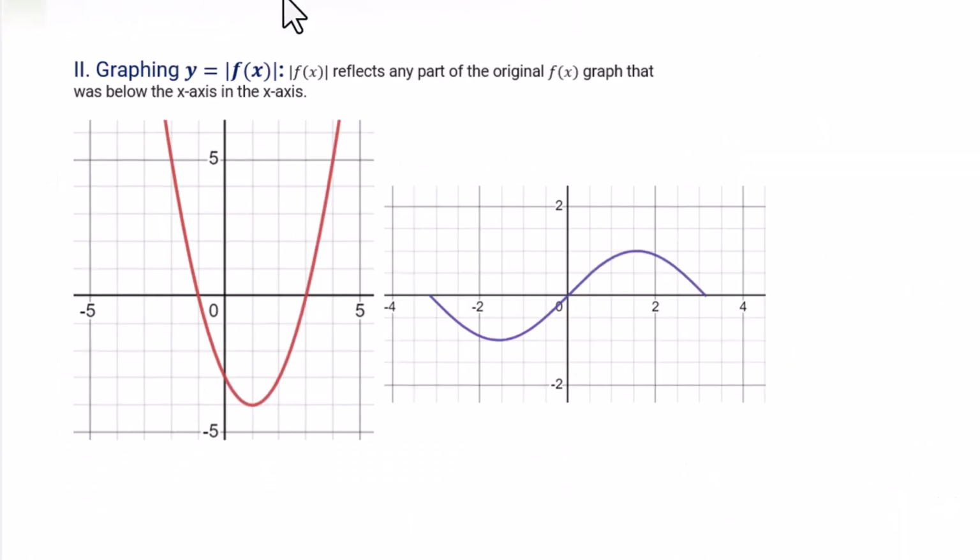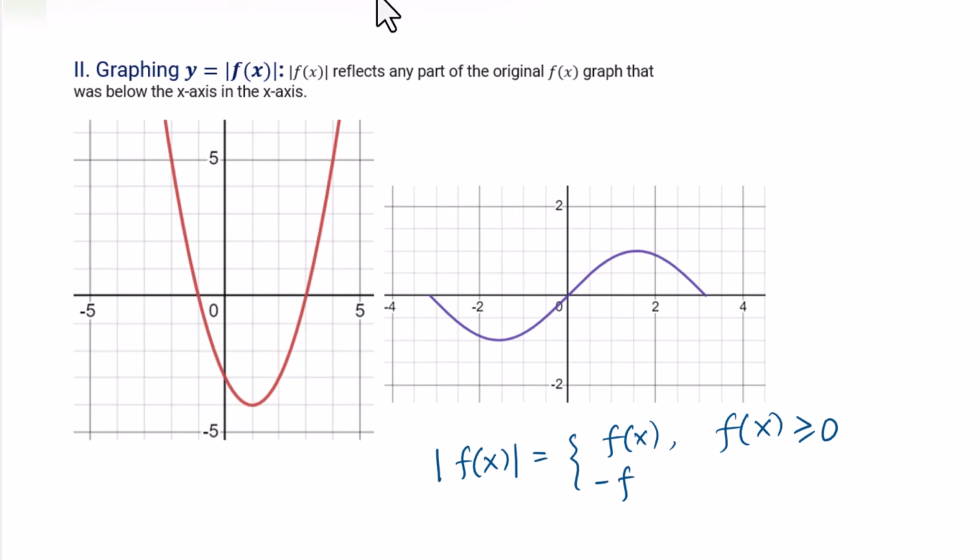Y equals absolute value of f of x. Absolute value of f of x equals itself when f of x is greater than or equal to 0, equals the opposite of f of x when f of x is less than 0.